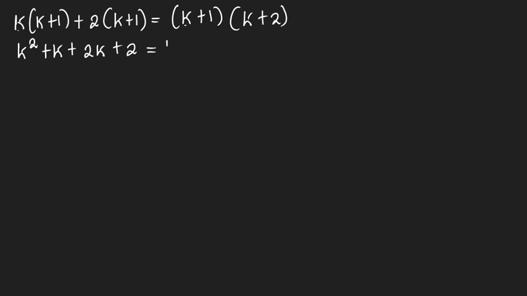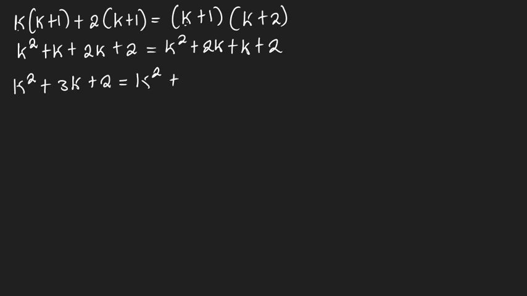K multiplied by k is k squared. K multiplied by 2 is 2k. 1 multiplied by k is k. 1 multiplied by 2 is 2. So this is going to be k power 2 plus 3k plus 2, which is equal to k power 2 plus 3k plus 2.